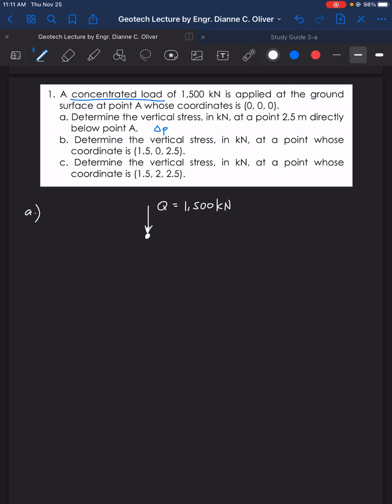And then we are looking for the point 2.5 meters directly below point A. So this is point A. If this is our ground surface, we are looking for this delta P, and the depth z is 2.5 meters.